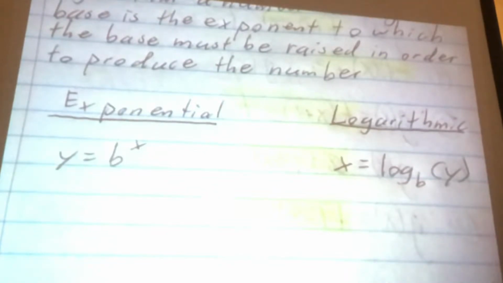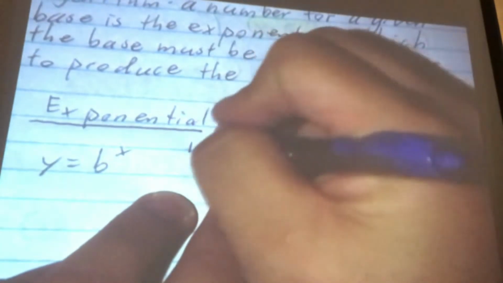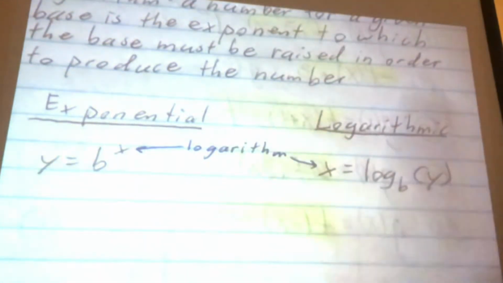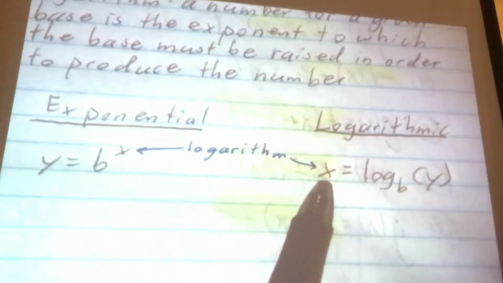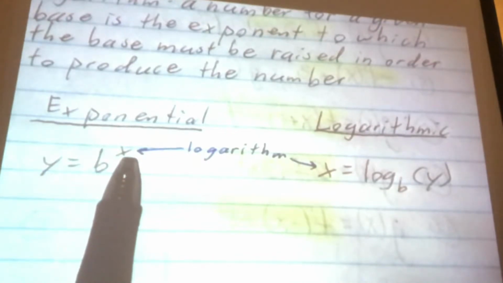So as far as what defines my logarithm, it's my x value. Because it says a number for a given base is the exponent to which the base must be raised in order to produce the number.